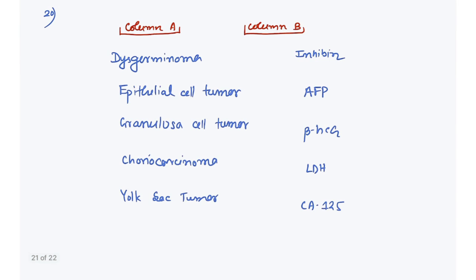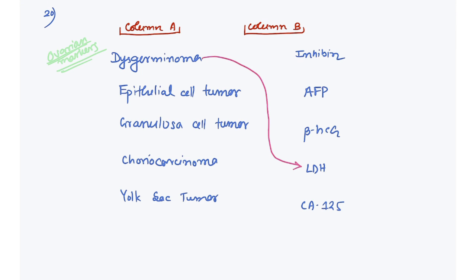Next, coming to question number 20, a long question, column matching of column A and B about ovarian tumor markers. So almost all the important ovarian tumors and their markers are given in today's exam. For dysgerminoma, the marker is LDH.